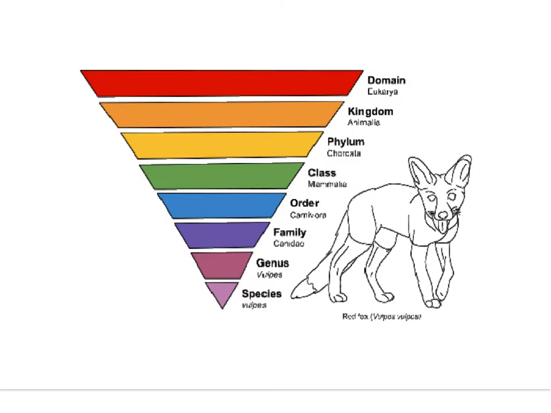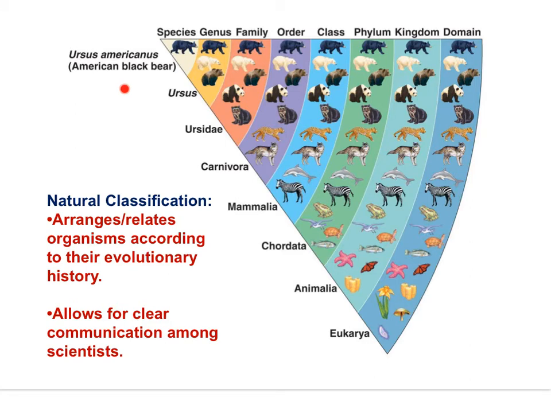The red fox is in the class Mammal, that includes all animals with fur that provide milk to their young, etc. Ursus americanus, the black bear, is classified in the Eukarya domain, animal kingdom, Chordata phylum, mammal class, Carnivora order, Ursidae family, Ursus genus, and Americanus is the species name. You can see how the higher taxa are more inclusive, broader groups.